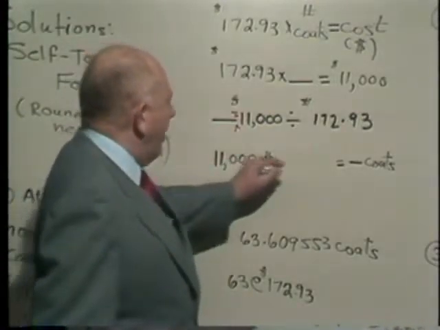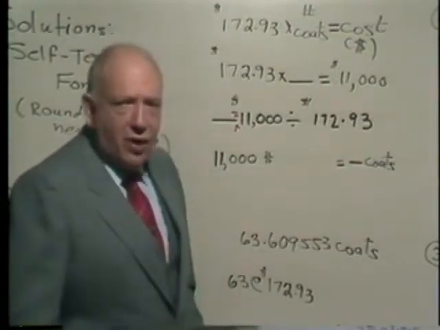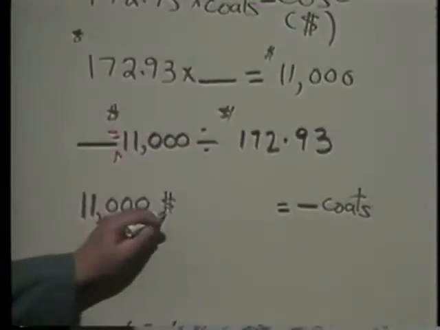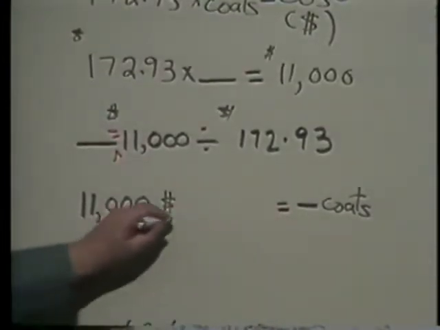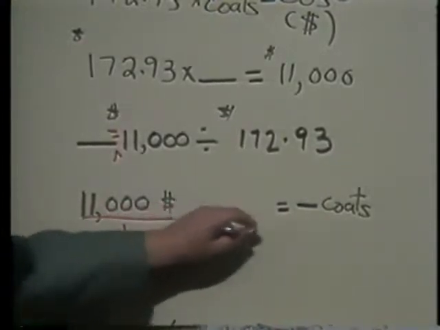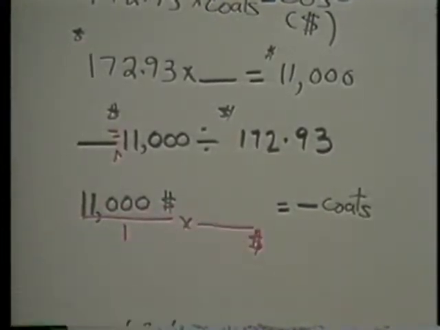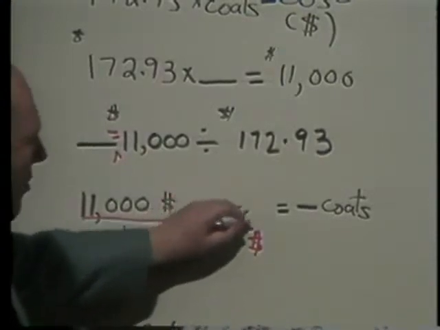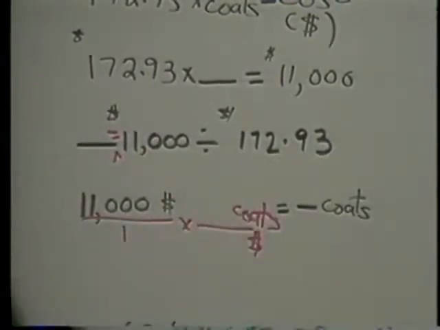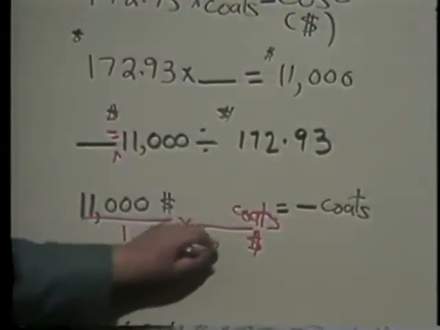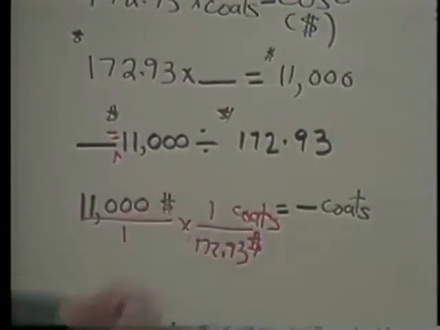You say $11,000 equals blank coats. And you say, okay, I want to get rid of the dollars and bring in the coats. So since dollars occur in the numerator, I'll put them into the denominator. Then I'll put coats in the numerator. And what's the relationship? $172.93 equals 1 coat. Now you see what happens?